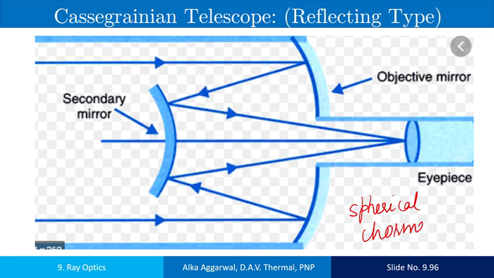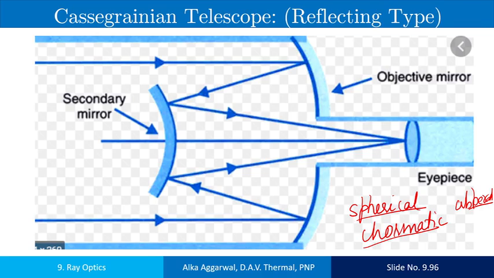Third, the telescope has high magnifying power, large resolving power, and high light gathering power, due to which the image is bright.